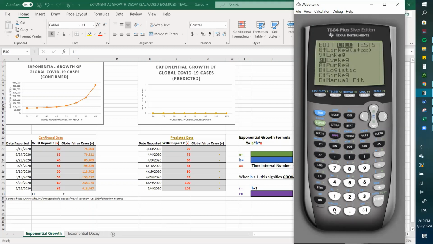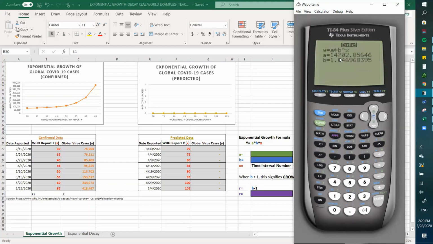You can either just go there and press enter or just type in 0. That'll get you there too. Now, if you go down here to Store RegEQ, this tells our calculator where to store our formula. So we're going to type in alpha trace, enter for Y1. This is going to store our formula into Y1 when we go to Y equals. Now we're going to go to calculate.